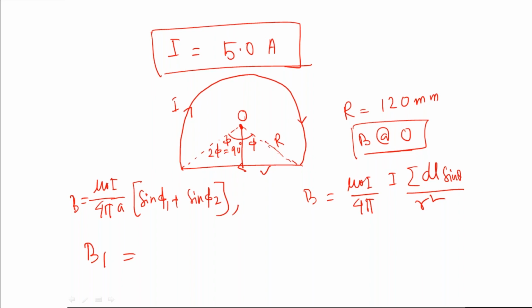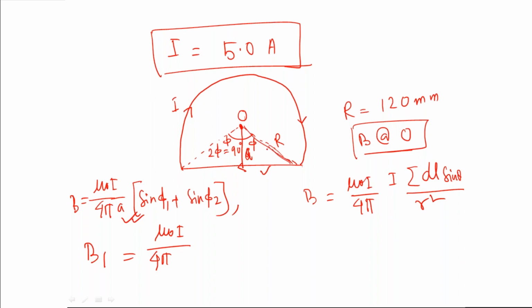So this is the formula I'll apply for this particular problem: mu 0 I by 4 pi. What is A? A will be this length.